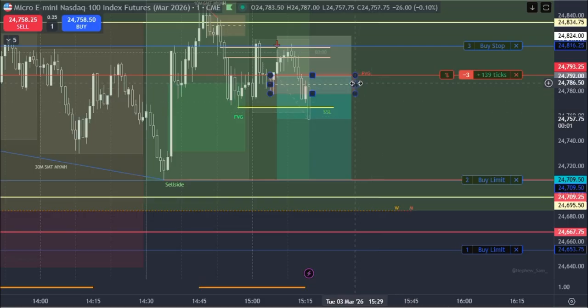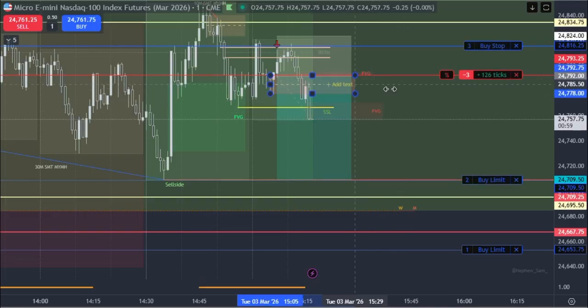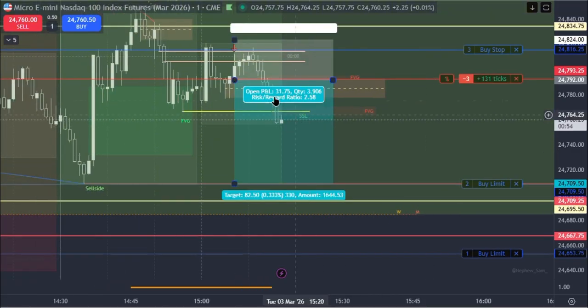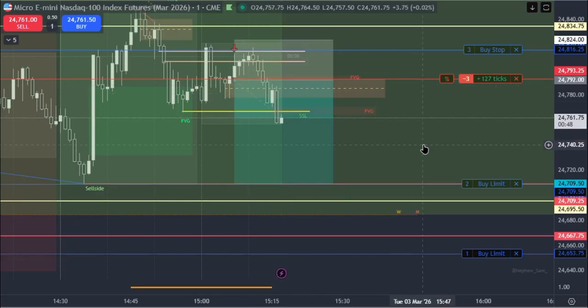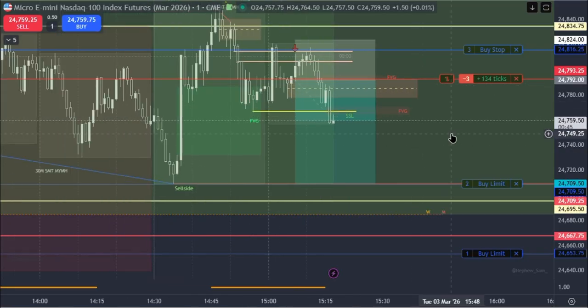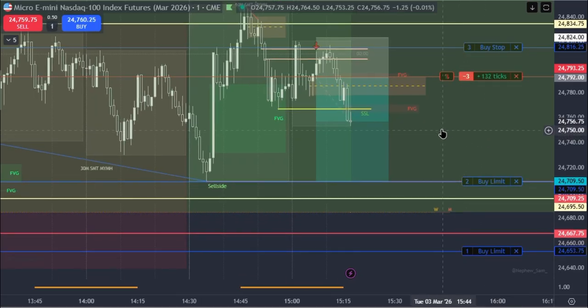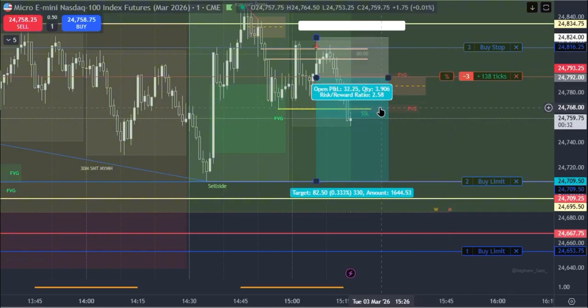Okay. Now, you see how I highlighted this low? What exactly did we do? We came back, we repriced into this low, and now we're closing below it again. Now, at this point, manage your trade however you like.